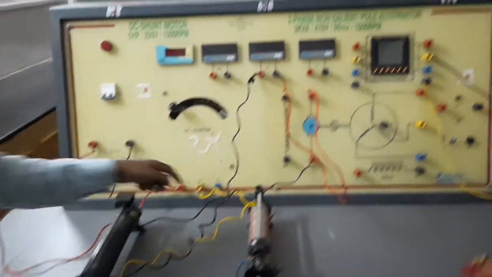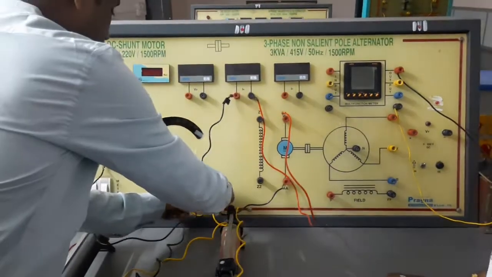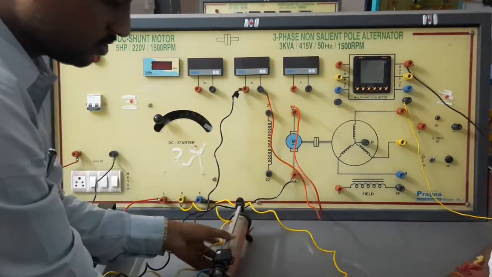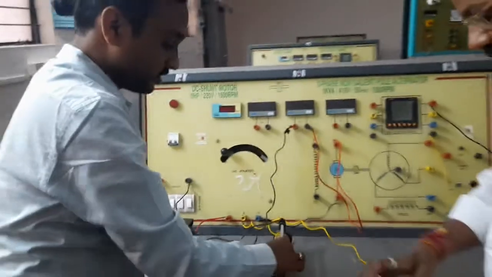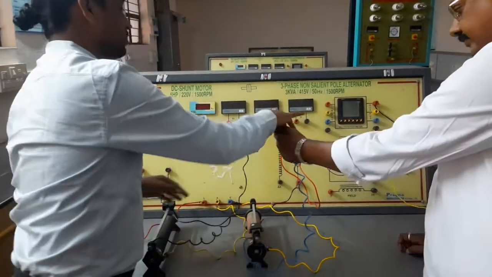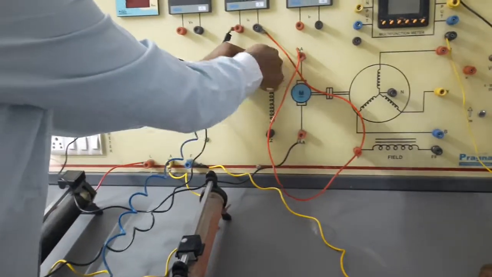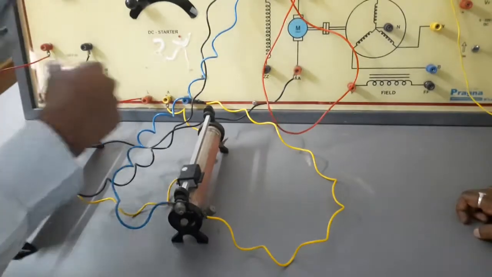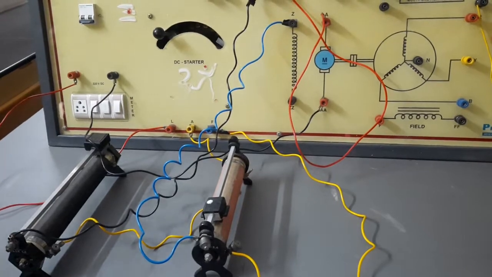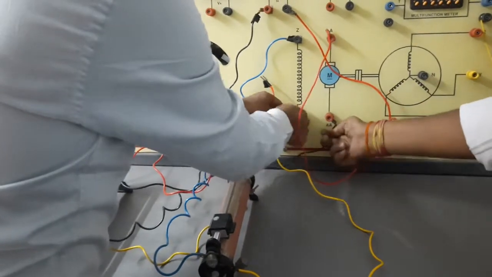Now we need to make the field terminal connection. The field terminal is connected to the input of the rheostat. The lower terminal is the input, and the variable terminal is the output terminal of the rheostat. That output terminal of the rheostat is connected to the field terminal, called Z. The other Z terminal is connected back to the supply or motor connection.